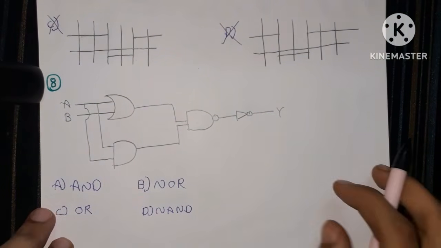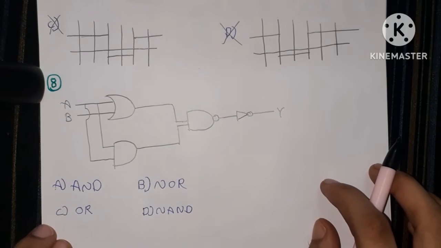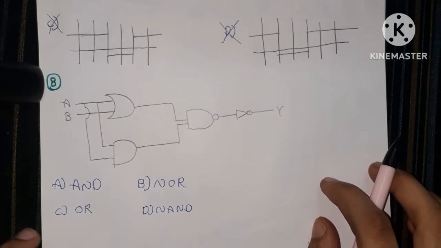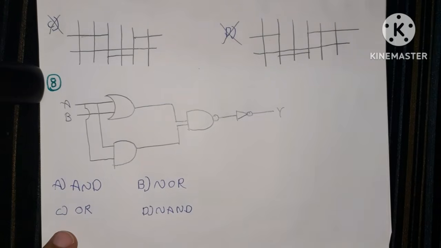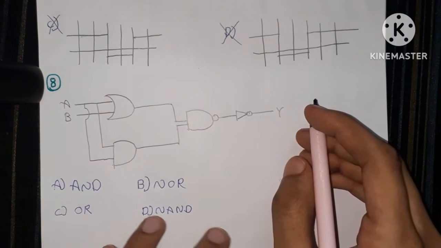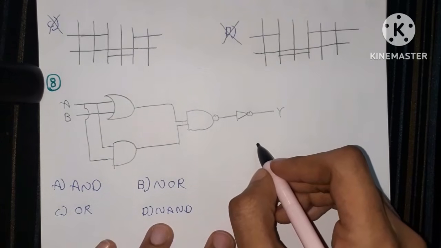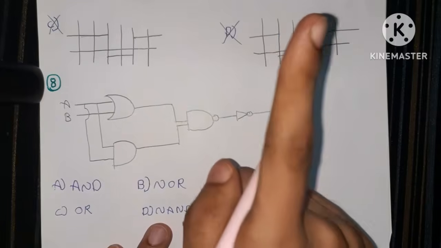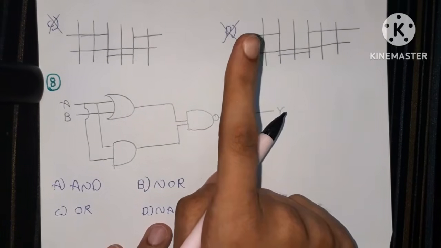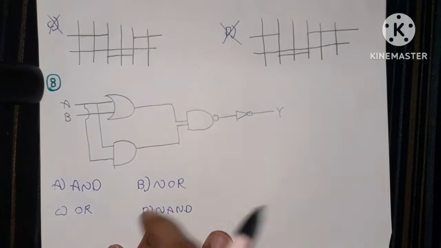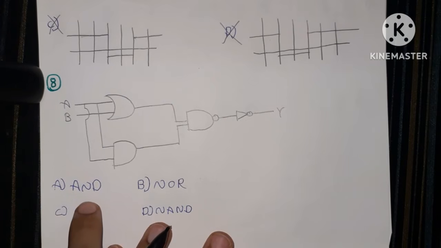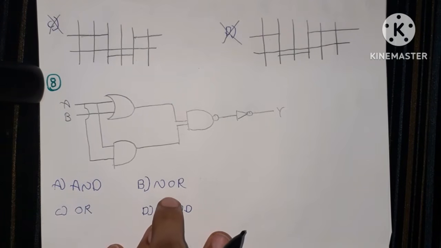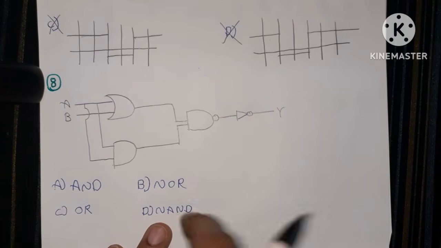Here in this question, what we need to do, here we are having a circuit. Okay, now I got it. We need to take our own truth table. Here see, the entire circuit will act as a specific single logic gate that we need to find. Here we are having AND gate, NOR gate, OR gate and NAND gate.